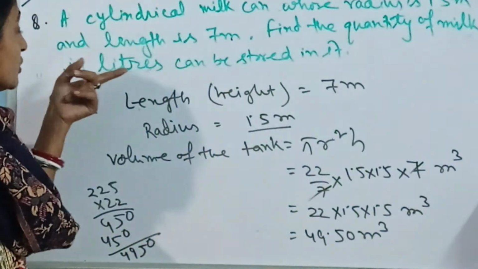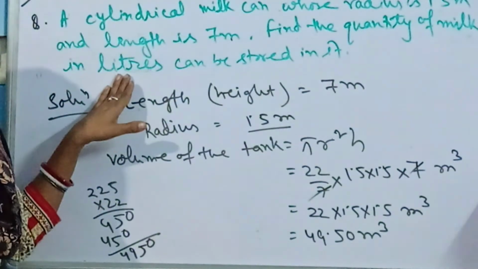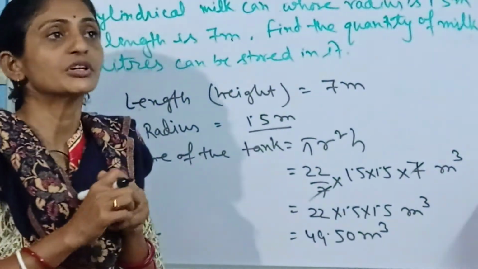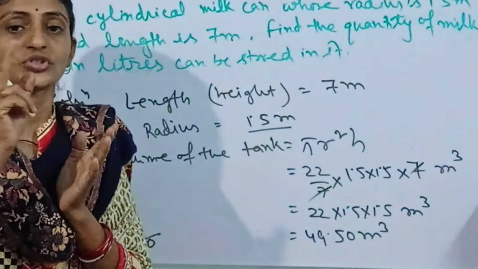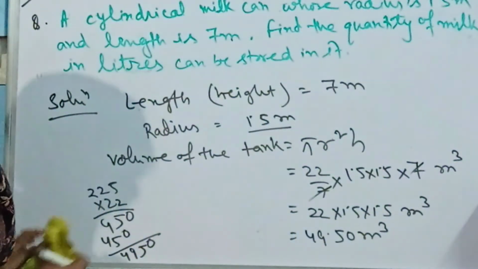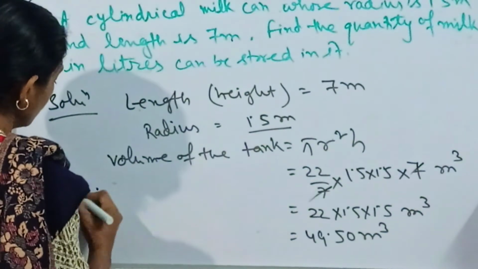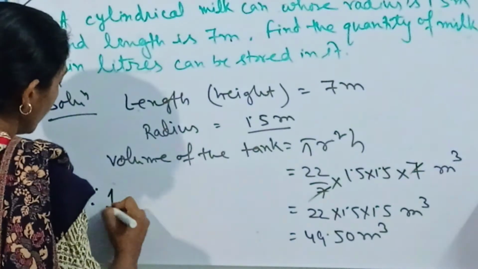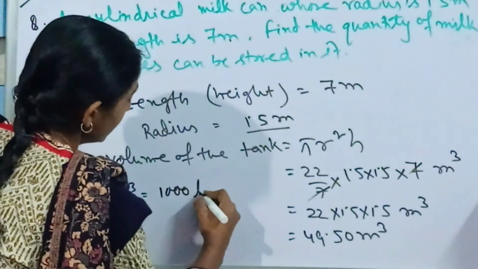But here you have been asked the quantity of milk that can be stored in this. You have to present it in liter. As we have discussed earlier, 1 meter cube is equal to 1000 liter. So when we have to convert this into liter, first we write that as we know, 1 meter cube is equal to 1000 liter.